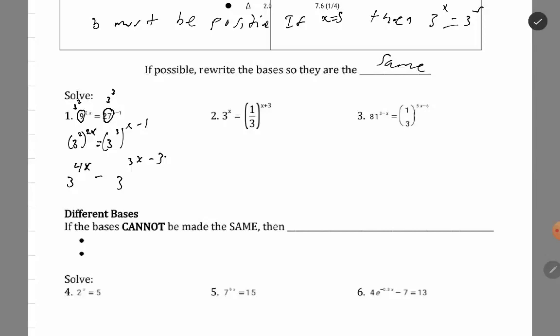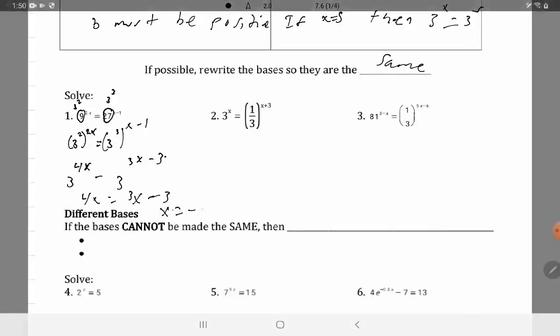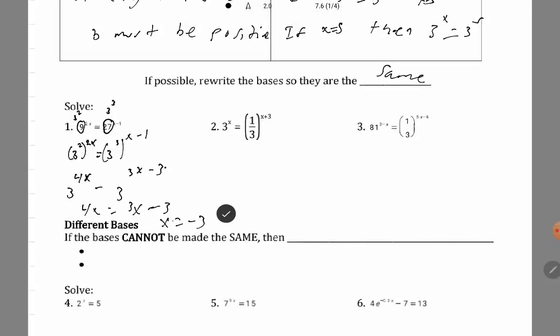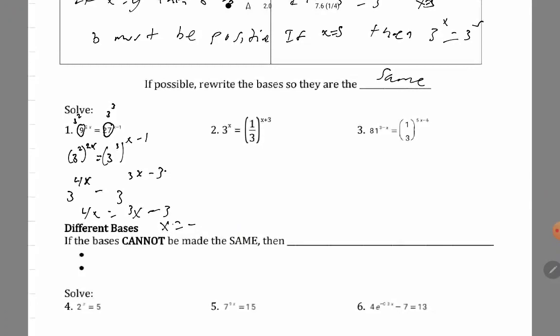So now we can set the exponents equal to each other. 4x equals 3x minus 3. So we're left with, if we subtract 3x over, x equals negative 3. What's wrong with my pen today? Okay, number 2.